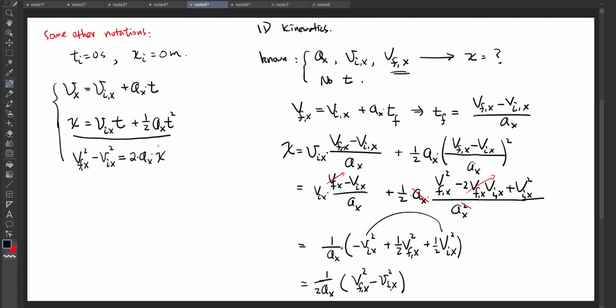But again, if I use my previous notation without setting x initial equals 0, then I should add x minus x initial here. So instead of x, I will write x minus x initial, and that will represent the displacement. So right now, this x here should be understood as the displacement of the object.